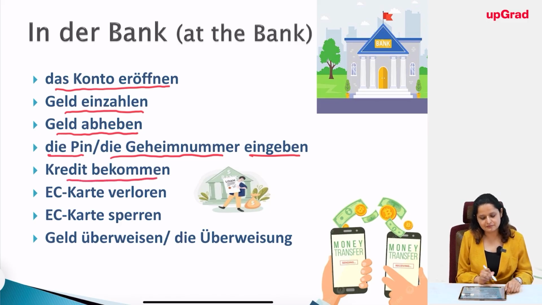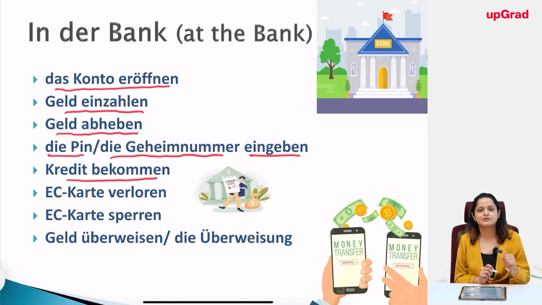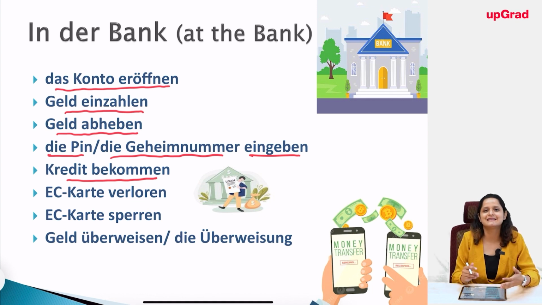Kredit bekommen means to get a loan. So Kredit means credit, like it works in English also. To get a loan or to receive a credit is Kredit bekommen. Bekommen specifically means to receive something, and in this case you are receiving a credit.